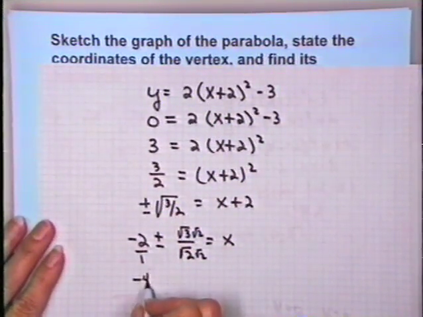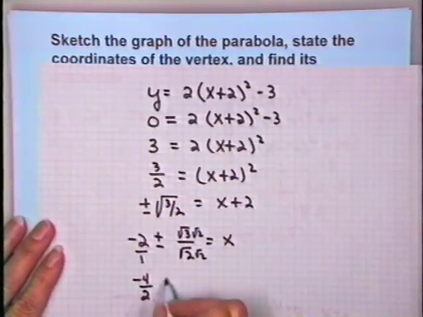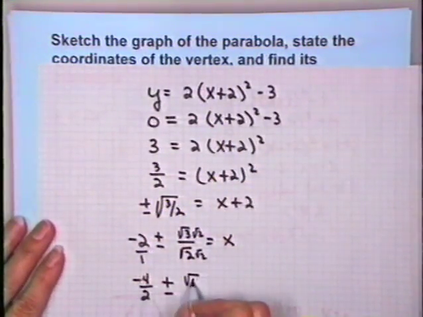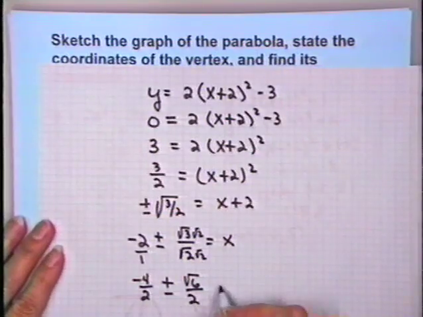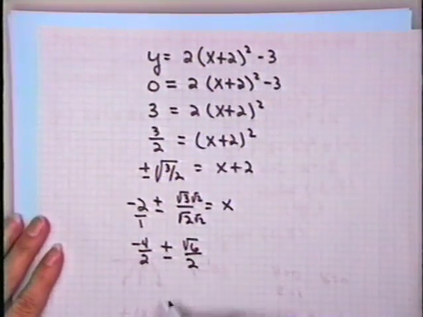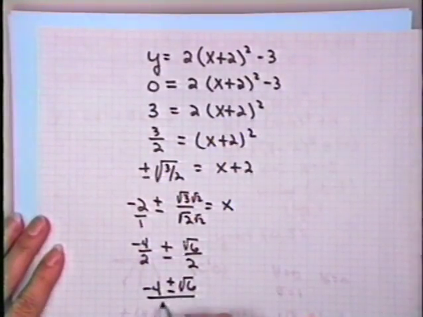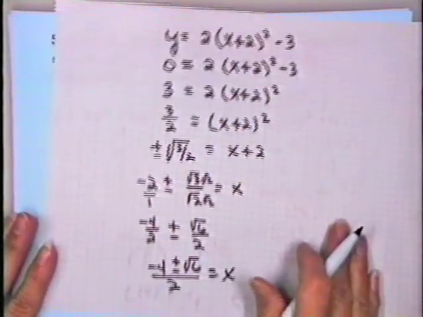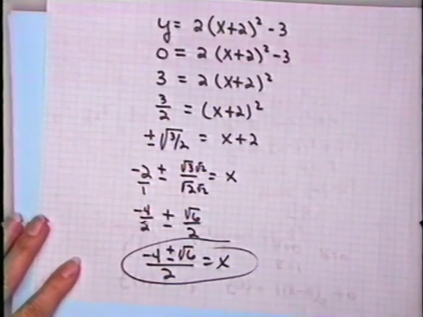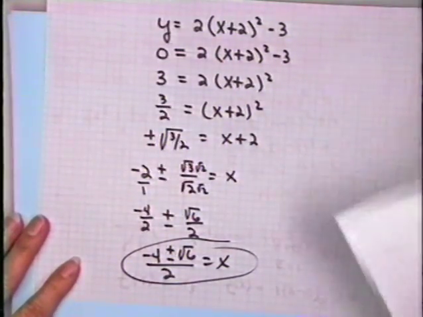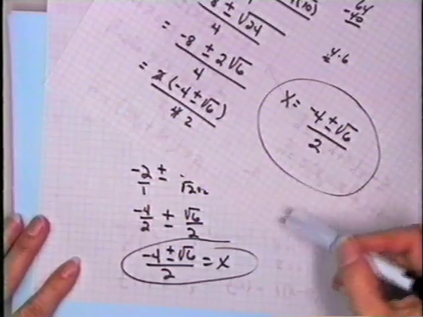Negative, I'm going to write that as 4 over 2, plus or minus the square root of 6 over 2, which can be simplified as negative 4 plus or minus the square root of 6, all divided by 2. Do you see how we did that? That's another way. And if you notice, we have exactly the same solution.